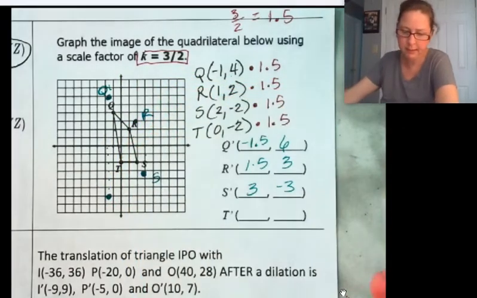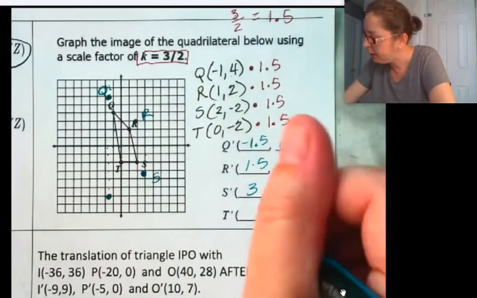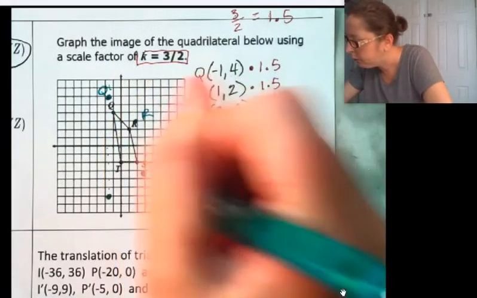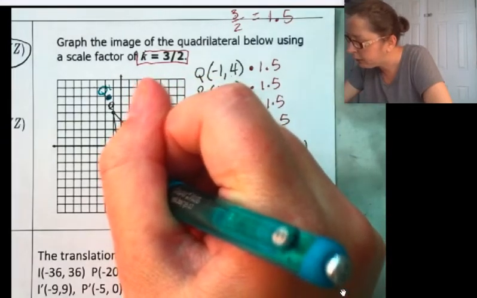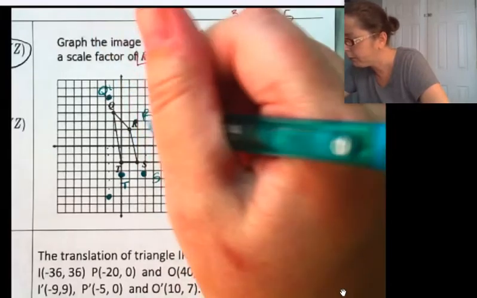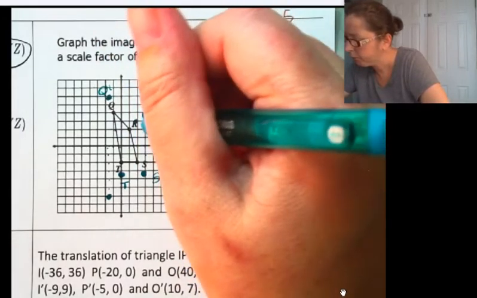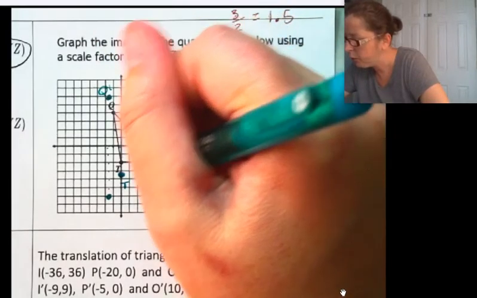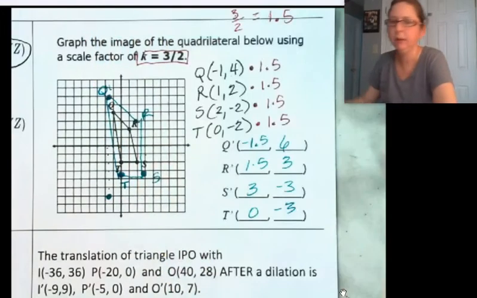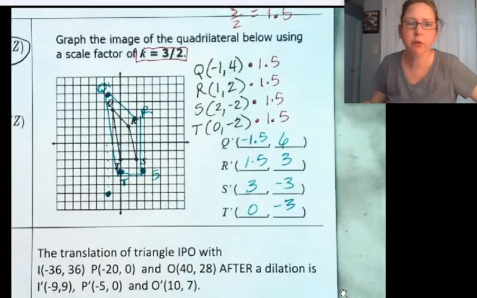And then my T is going to be 0, -3. So 0, -3. There it is. So here's my new points, or my new quadrilateral. All right, and it's just slightly bigger than the original.